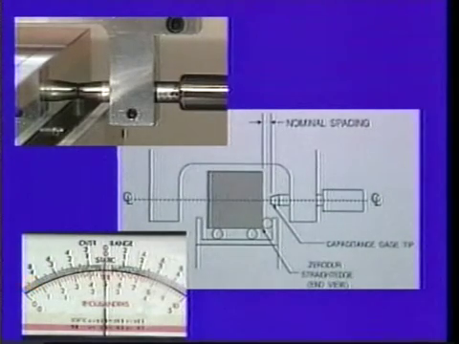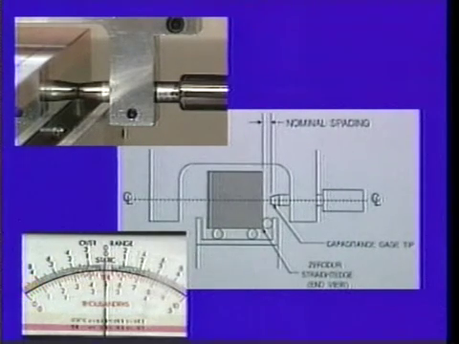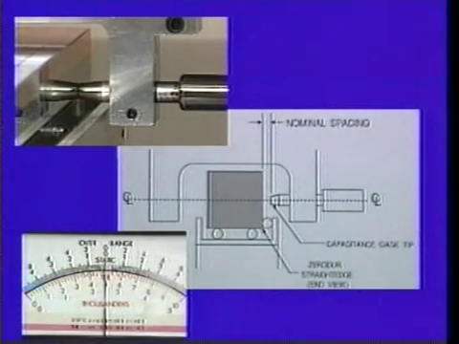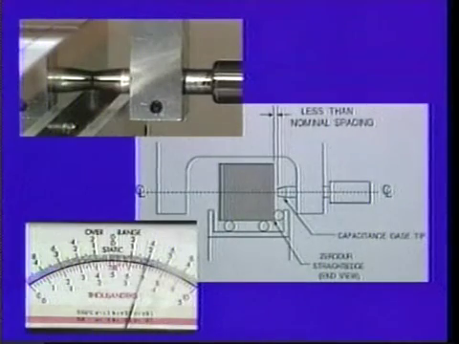If the original or nominal separation is mechanically or electrically zeroed, the display needle would indicate 0 by remaining in the center of the scale, and the output signal voltage would be 0. A decrease in the separation would result in the display needle moving to the right of center by an amount corresponding to the decrease.